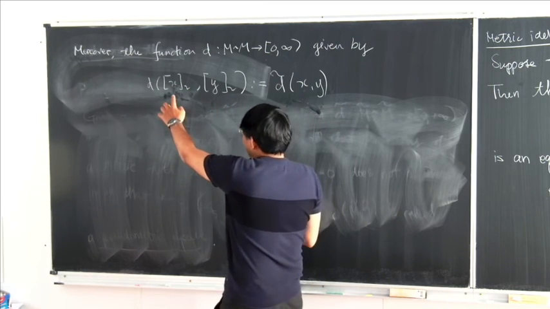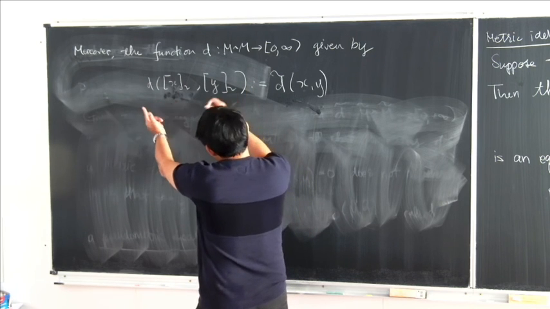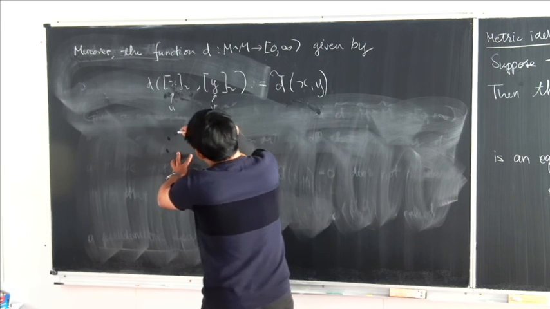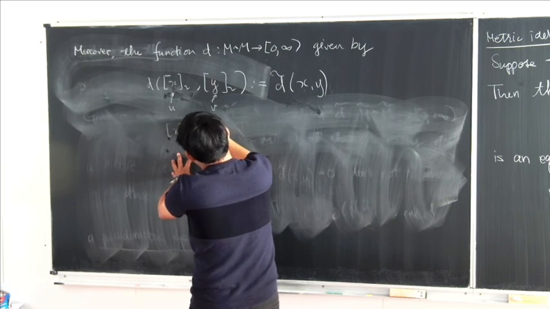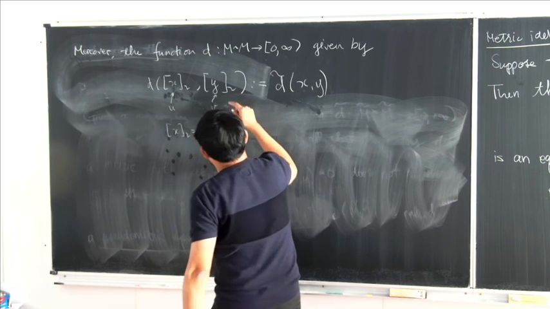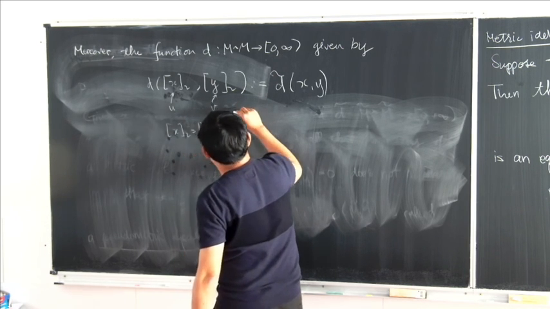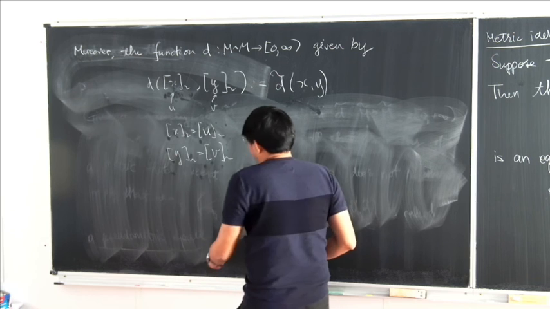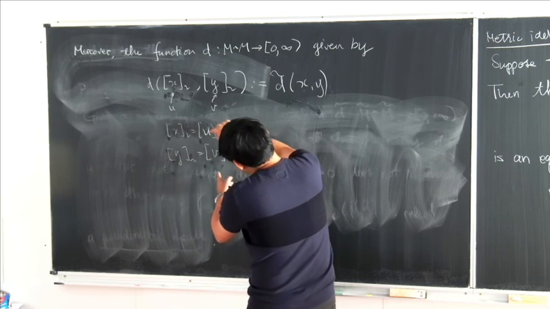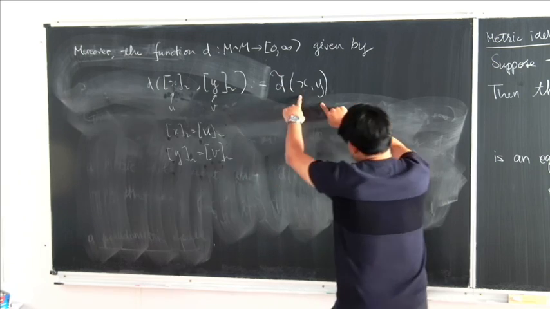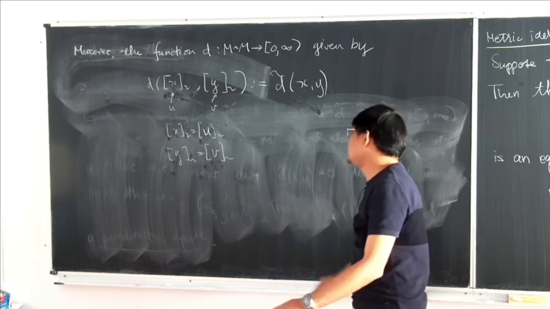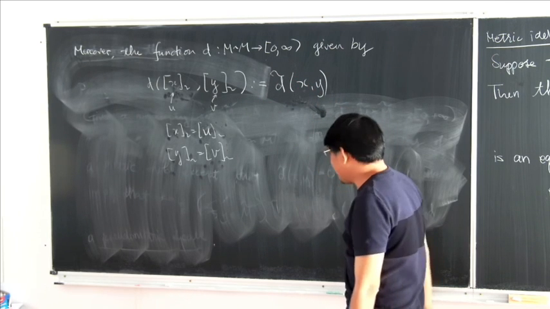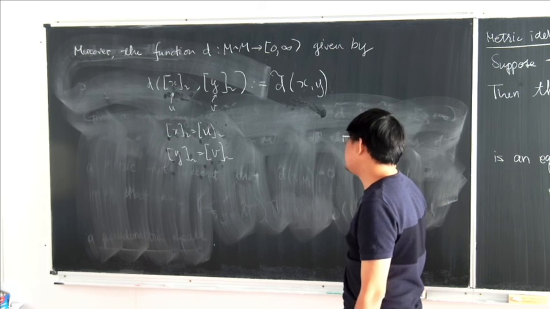If you take other representatives, suppose u is inside this and v is inside this, so you have x tilde equal to u tilde and y tilde equal to v tilde, and if you choose u and v instead of x and y, then you still get the same value, coming from the fact that d tilde equals 0 within an equivalence class.